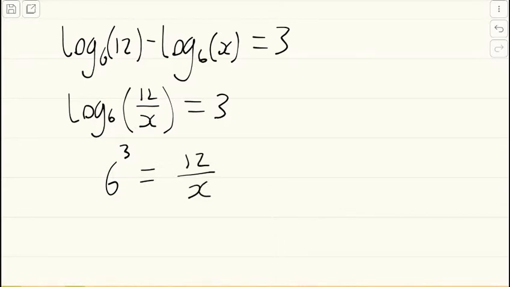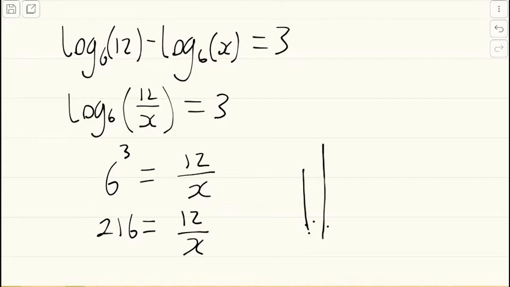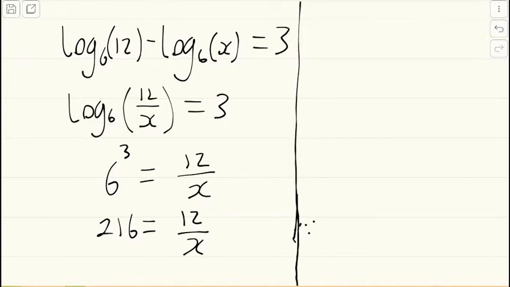Okay? And then looking at that, 6 to the power of 3 is going to be 216, and that's equal to 12 over x. And then what we need to do from here is just rearrange to get x on its own. Right, let me just put a line down here and carry it on this side.